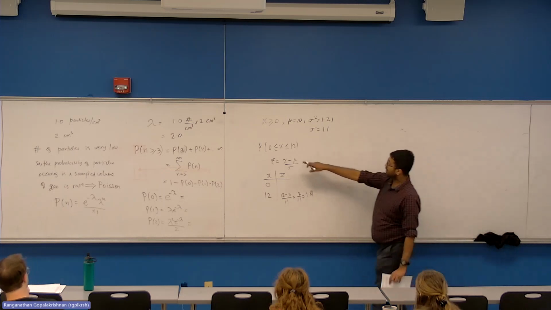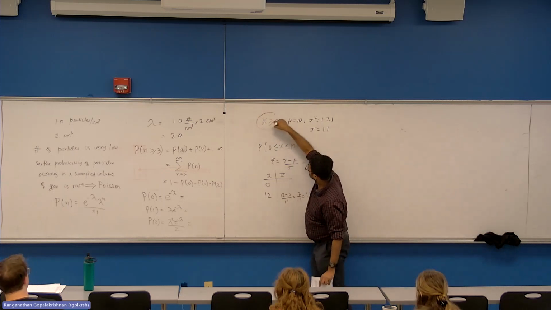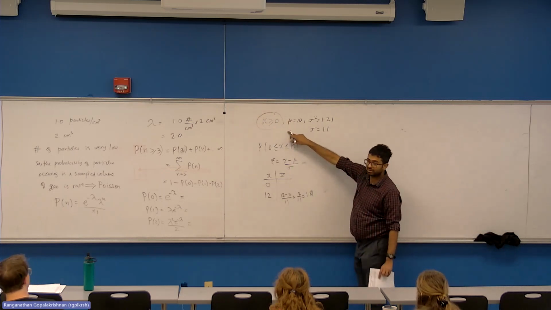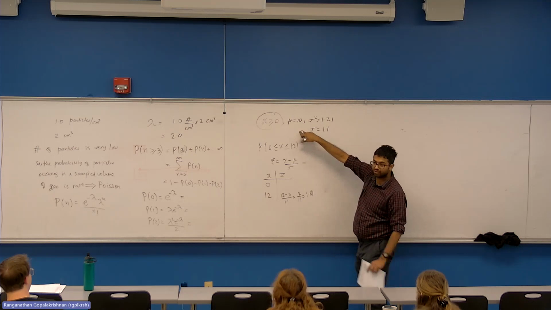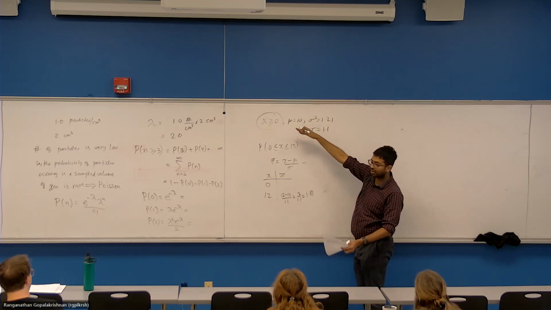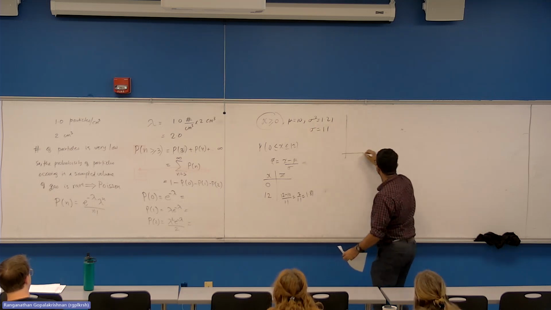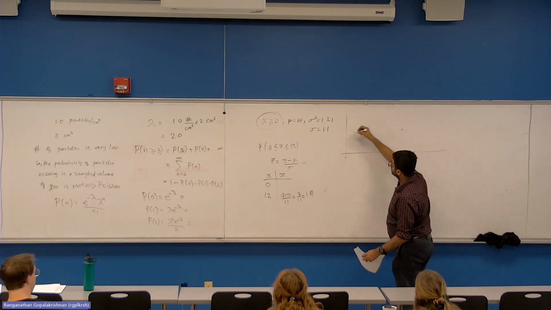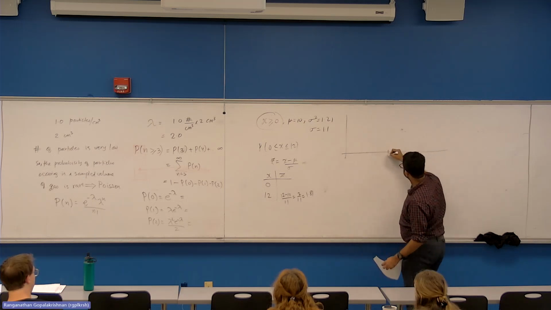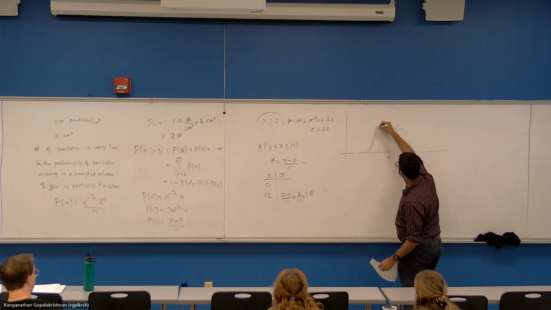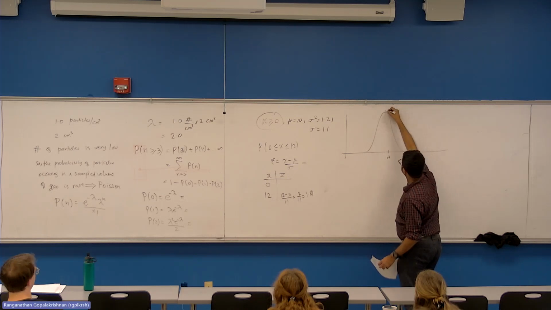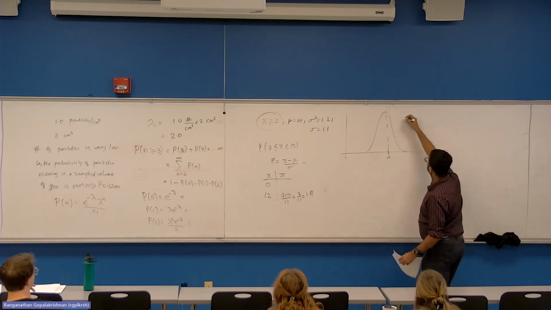Okay, and then this fact here has a little bit of relevance. X can only be positive according to this restriction. So if you draw the curve, here is 10. Here is the normal distribution.